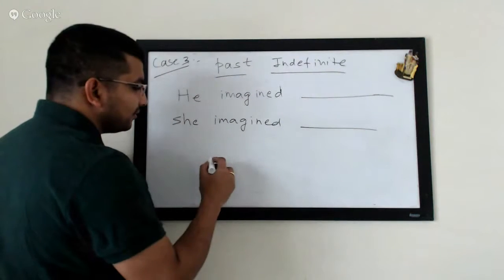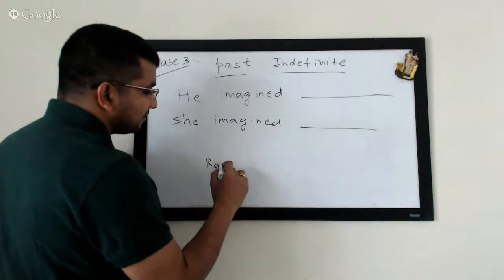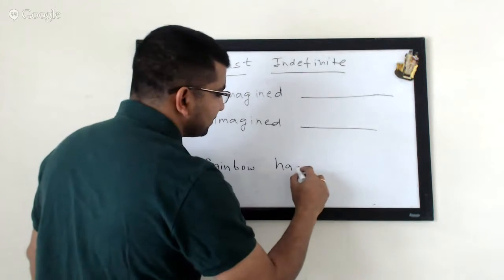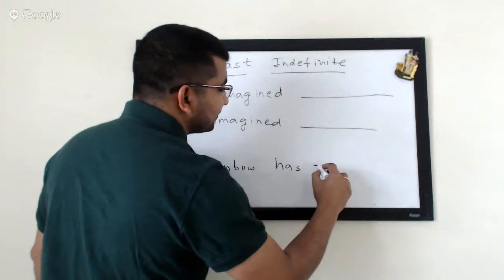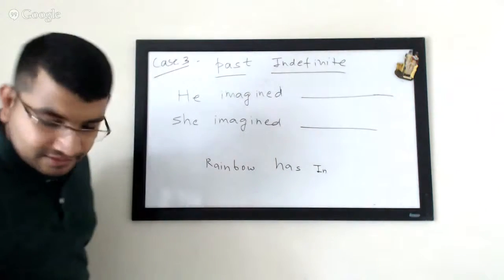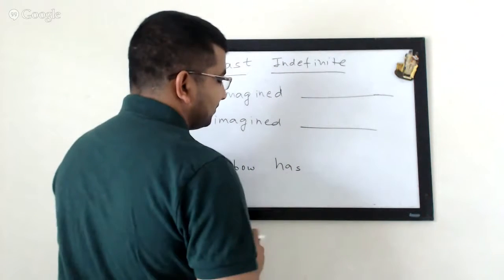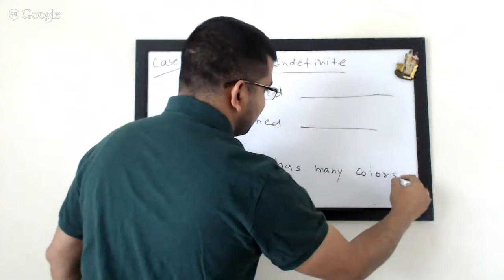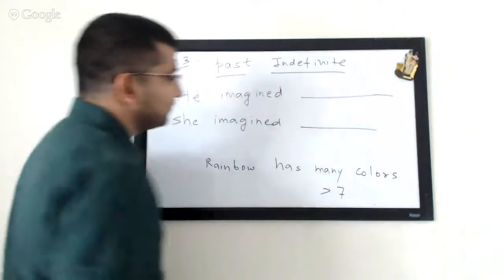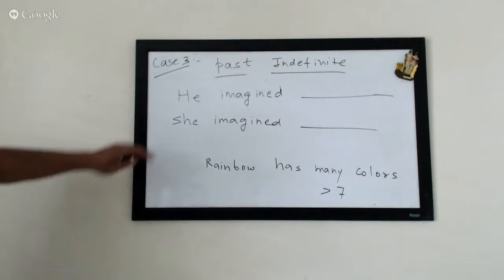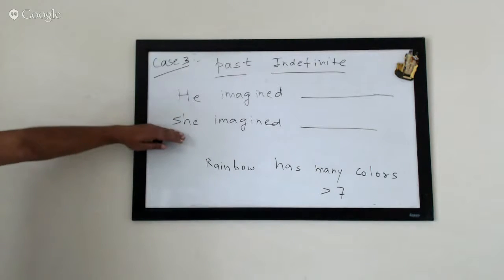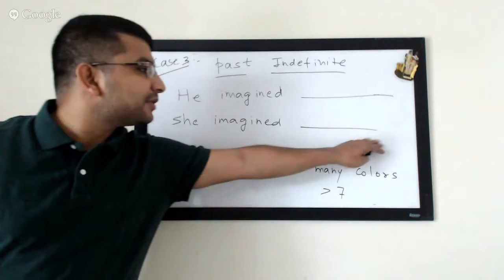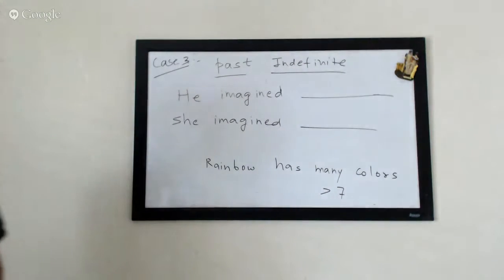You can say anything, right? Let's say something absurd. Rainbow has infinite colors or many colors, more than let's say seven. So your question is, write both of them down in Hindi, and after that, if you want to make a fancy sentence, you can pretty much have some more after that.